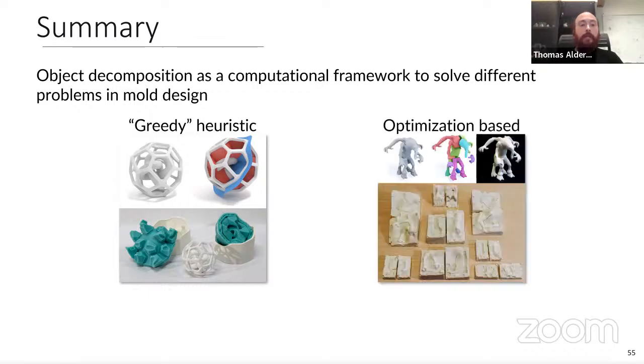And the second method that I presented you is based on a numerical optimization approach, and that allows you to express the problem in a very general and also convenient way, because you can reduce it to a problem of multi-label assignment.